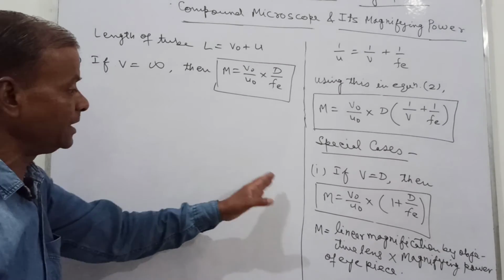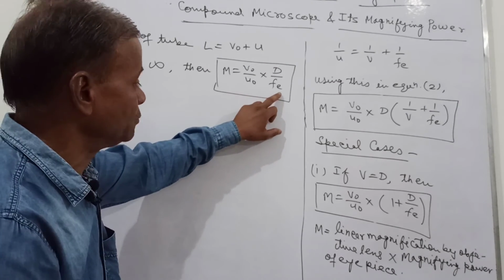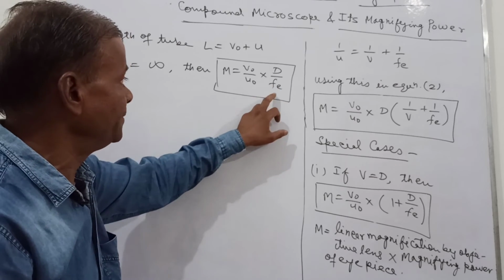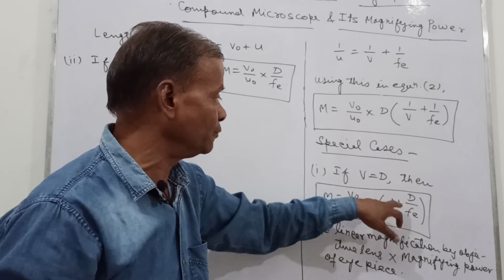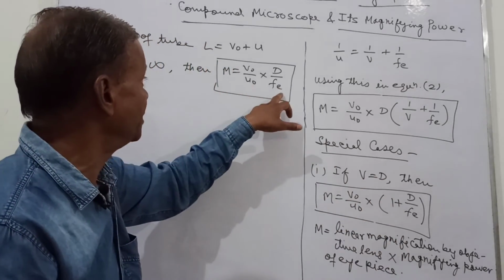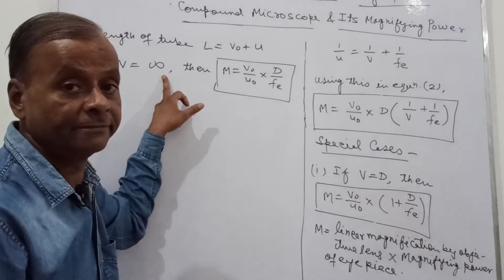So again we have the linear magnification of the objective lens into the magnifying power of the eyepiece. This is the magnifying power of the eyepiece. So this is the magnifying power when b equals D, and this is the magnifying power when b equals infinity.